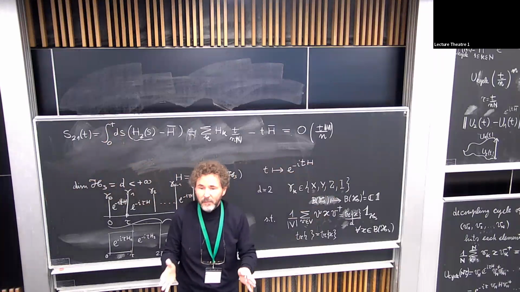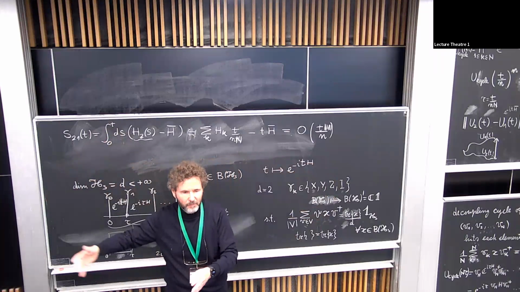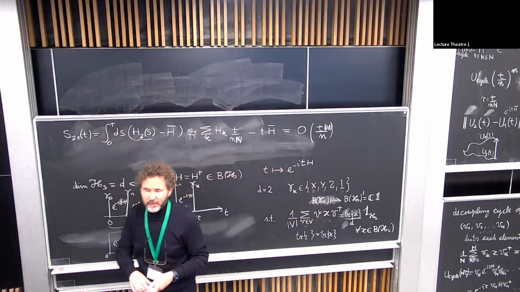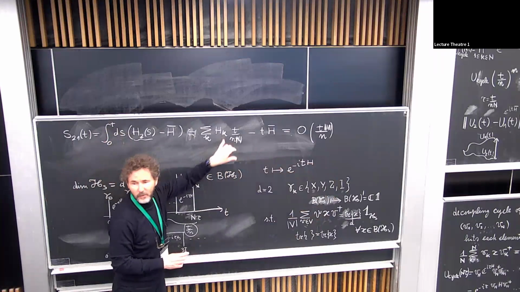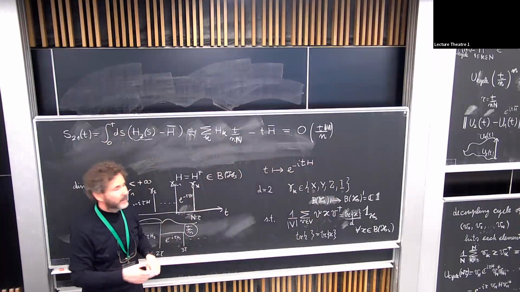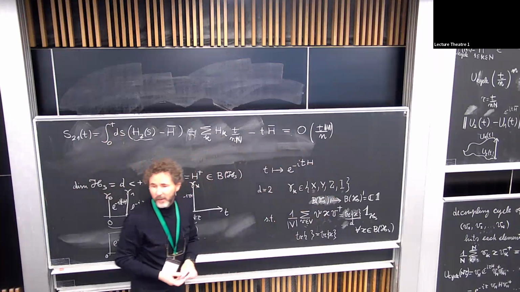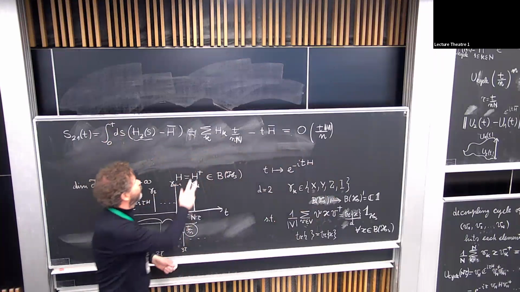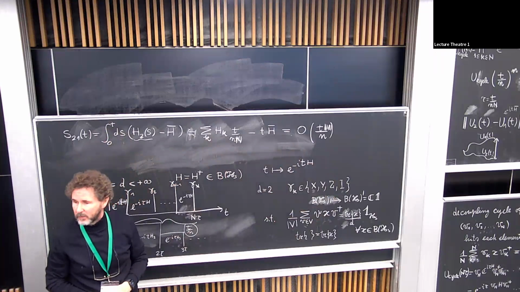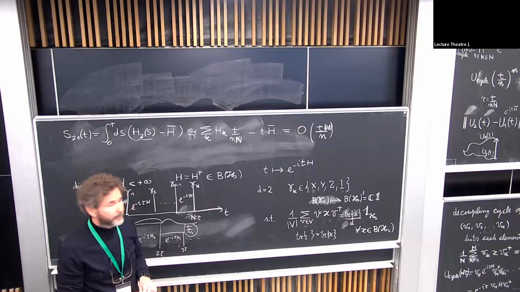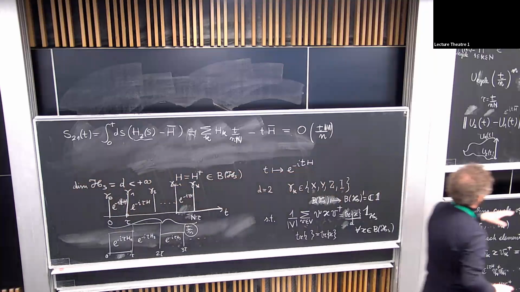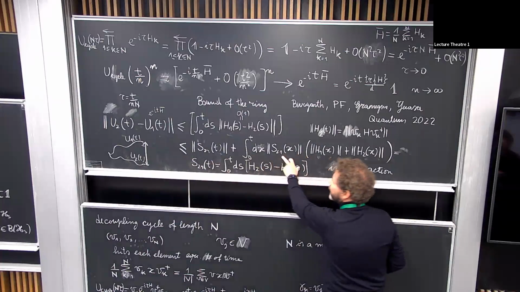At intermediate times, you need some Hamiltonian in the sum here in order to complete the cycle. And this is essentially the order 1 over n you have. The norm of H is exactly the norm of this. Is it okay? So essentially you see that the action is of order 1 over n.